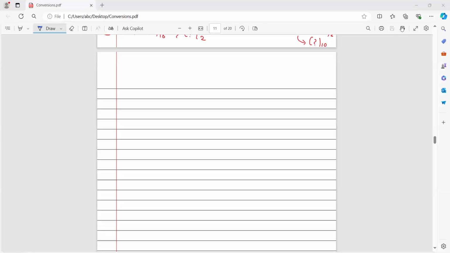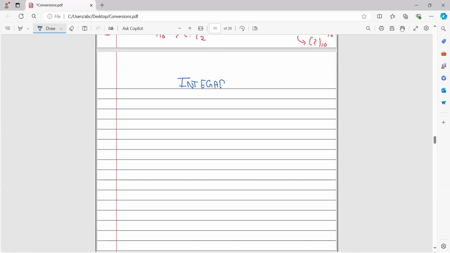The basic concept is that we have already discussed integers in our class. What do you understand by integers? Integers are basically known as whole numbers, like 10, 20, 30, 40, 50, 60.